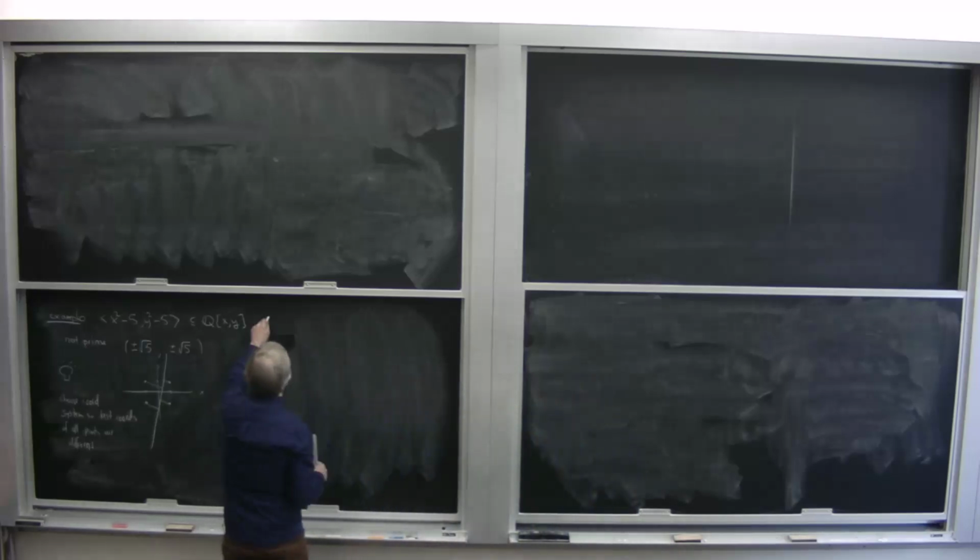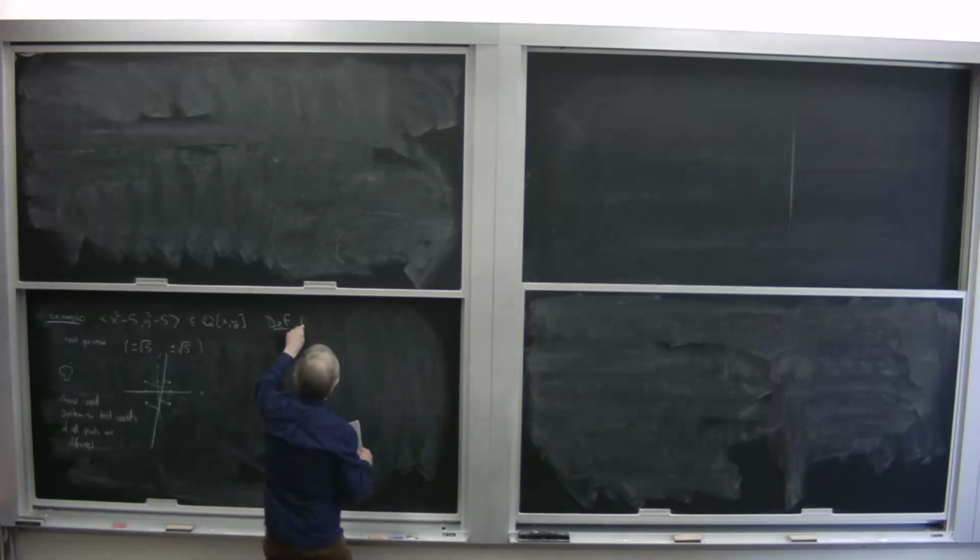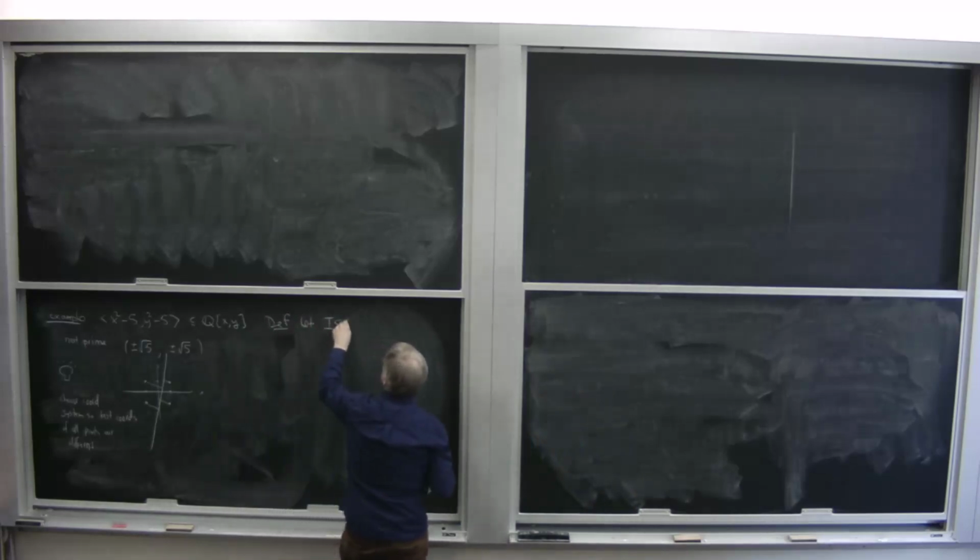And so now let's do that as a definition in general. Let I be contained in R, our usual polynomial ring, be a zero-dimensional ideal.